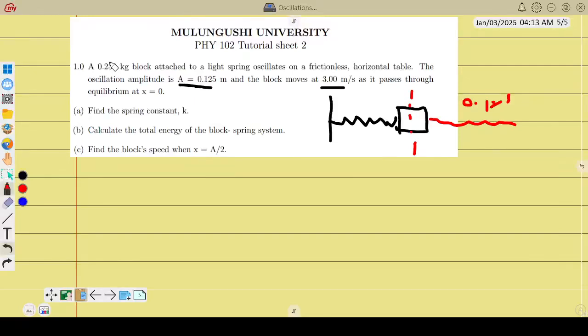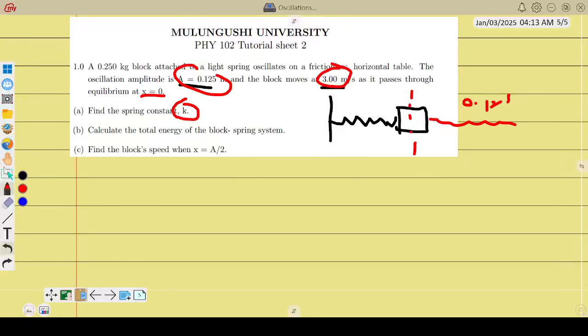So here is where you get to analyze things. They want us to find the spring constant. We have been given velocity and amplitude, and the value of x given is 0.